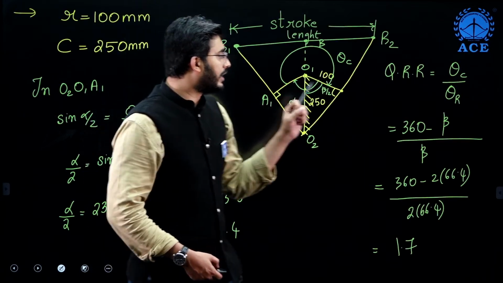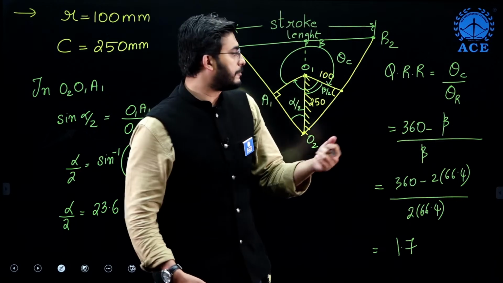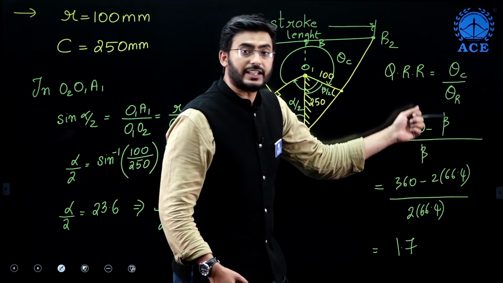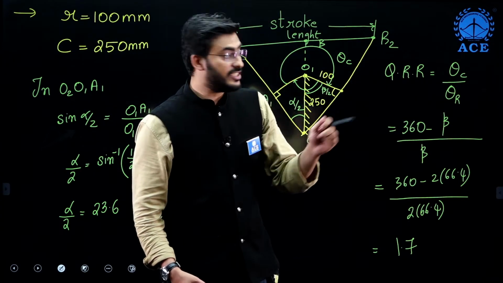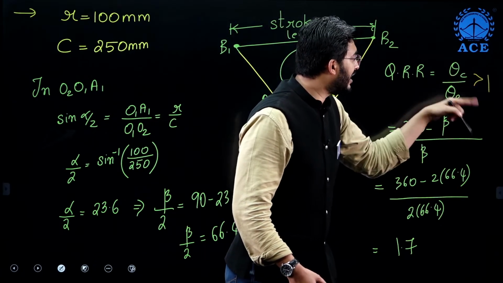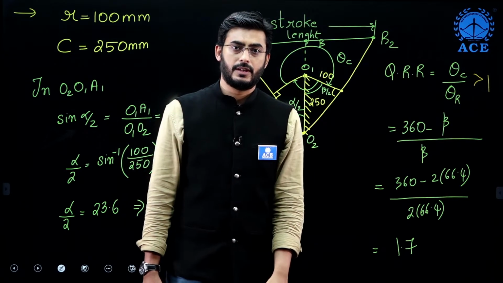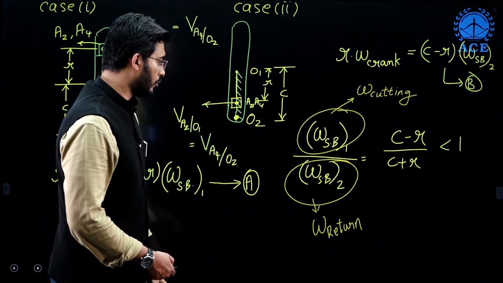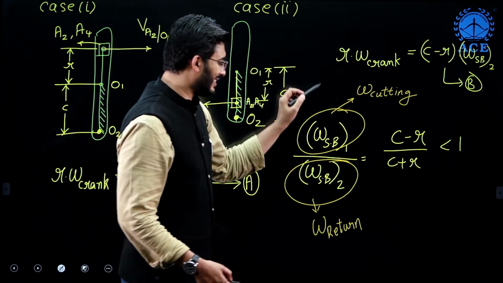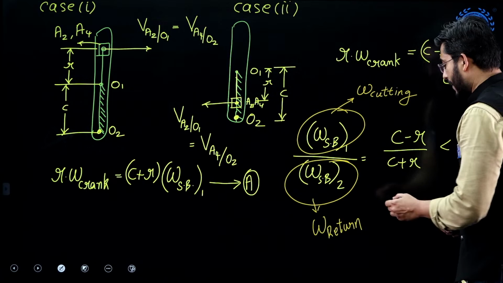So when the quick return ratio is less than 1, you should express it as theta return by theta cutting. If it is greater than 1, then this is the formula we follow. If it is less than 1, you just take the reciprocal. Here we realize the same thing is happening in the return stroke, where the velocity is maximum.